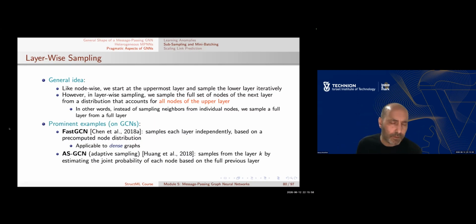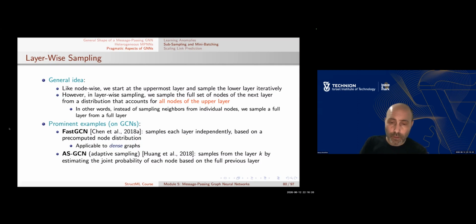Okay, and several papers looked at this approach: FastGCN, ASGCN. One uses an independent distribution of nodes, and that applies to dense graphs, where we're likely to hit neighbors.